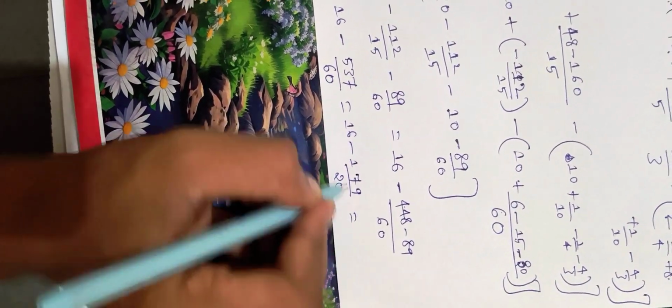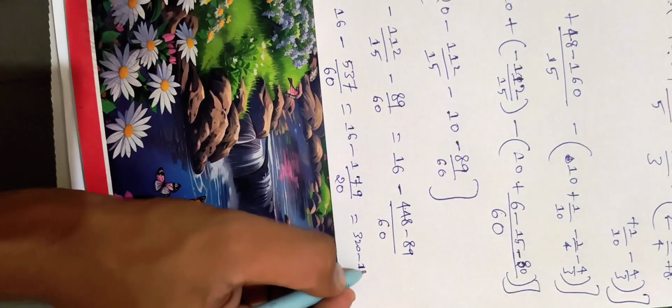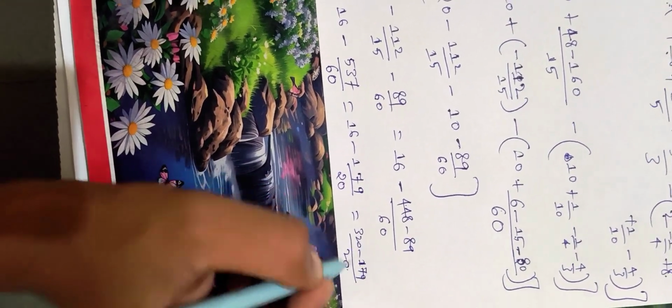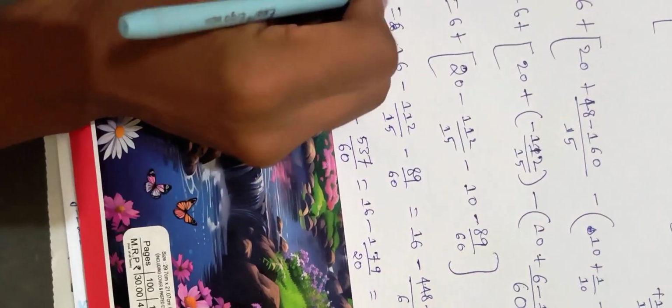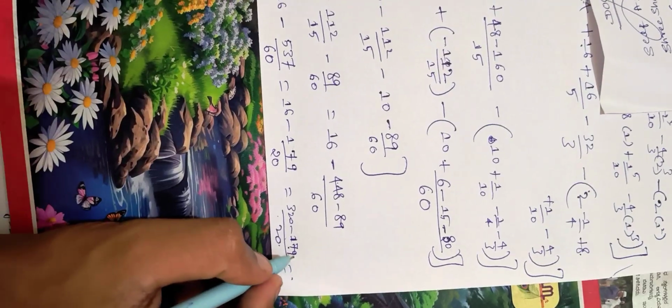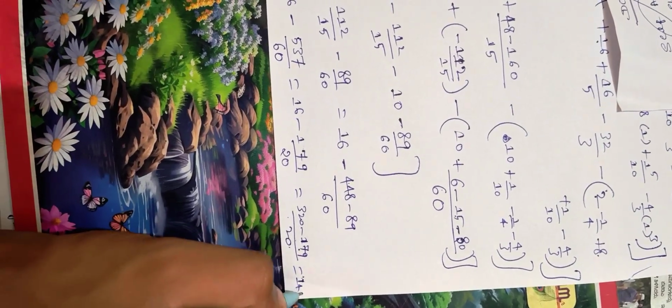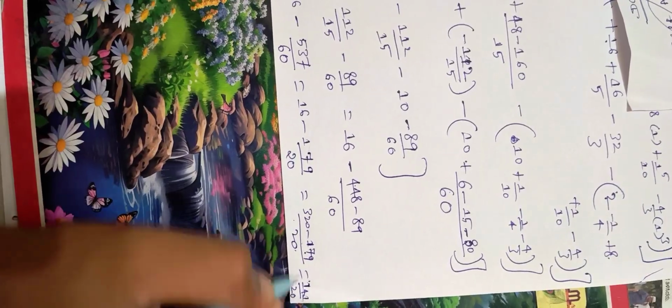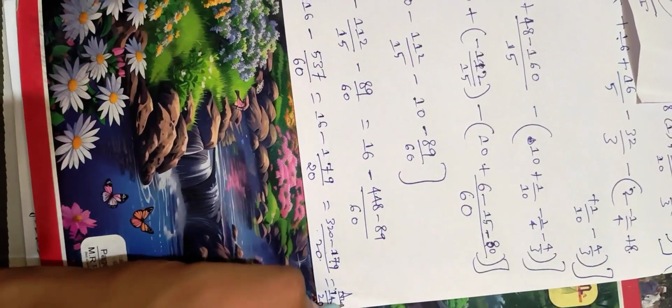So this is the answer. So 320 minus 179 divided by 20. Lastly, calculate the value. After calculating this one, you will get 141 divided by 20. So this is the final answer. Thank you.